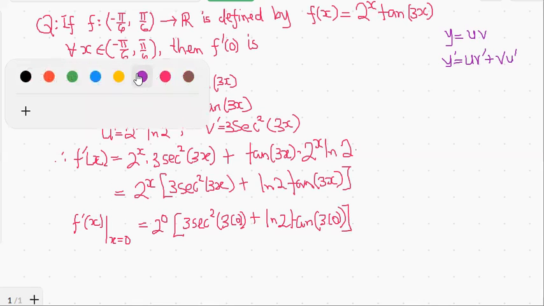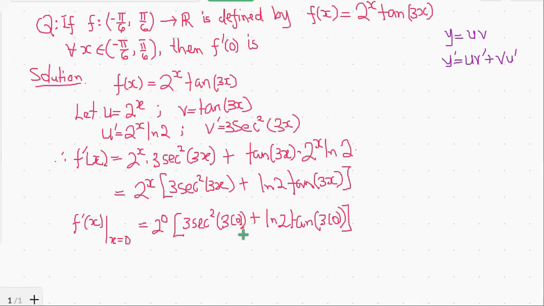By close observation, you would agree with me that this over here is 0 because tan 0 is 0, and 0 times ln 2 is 0, so everything at this right hand side is 0. And sec 0 is 1.